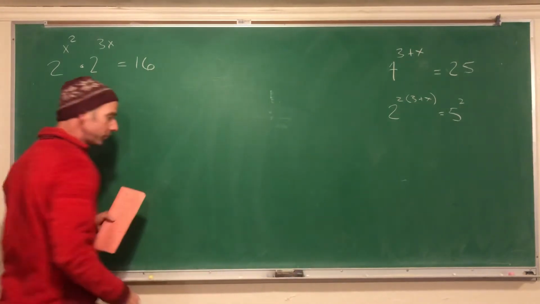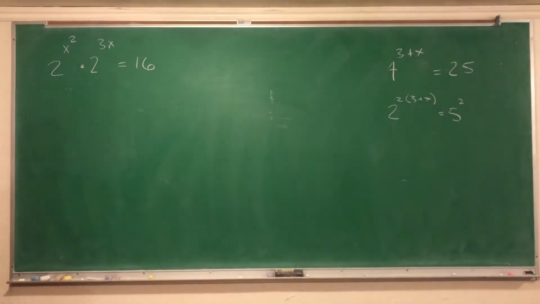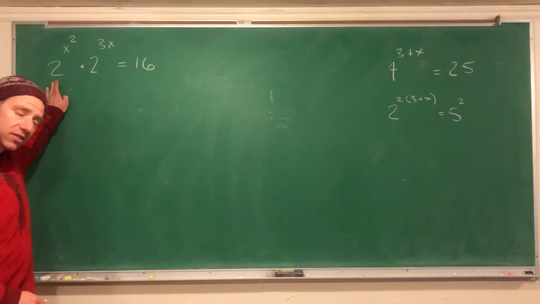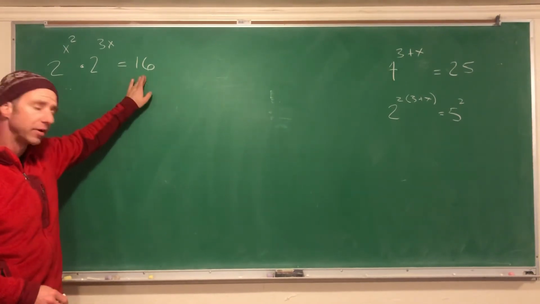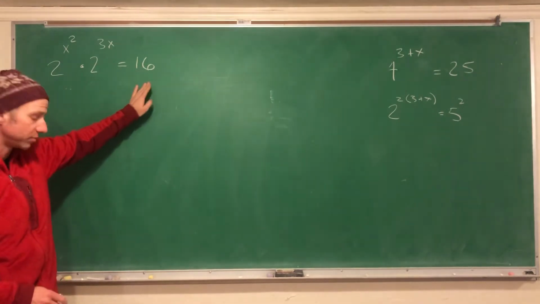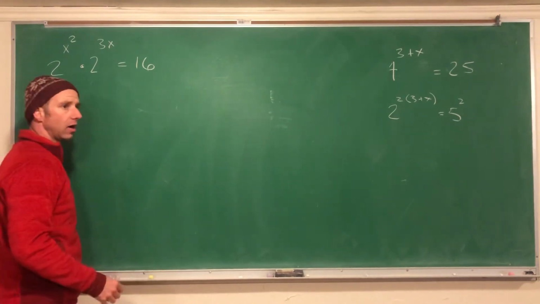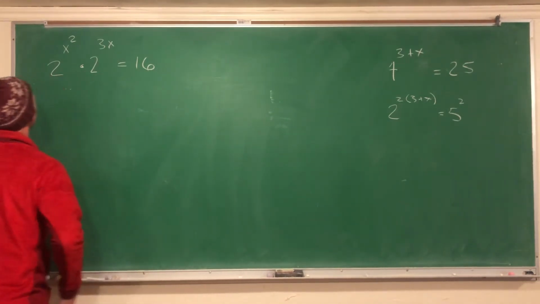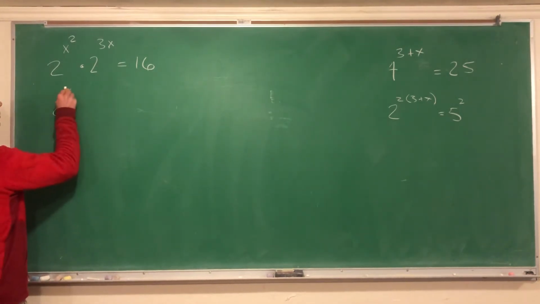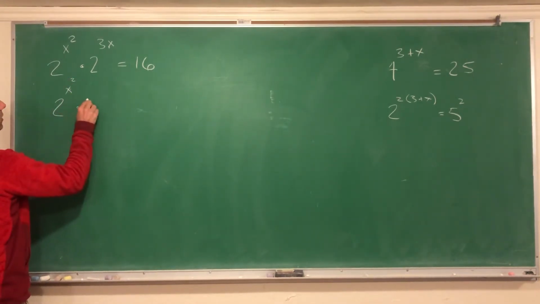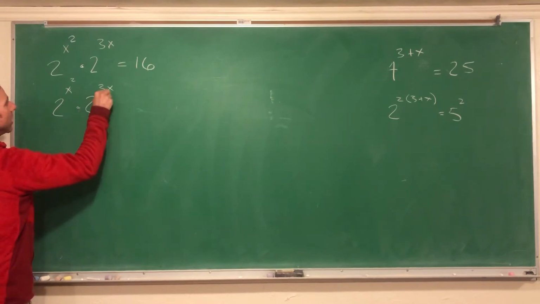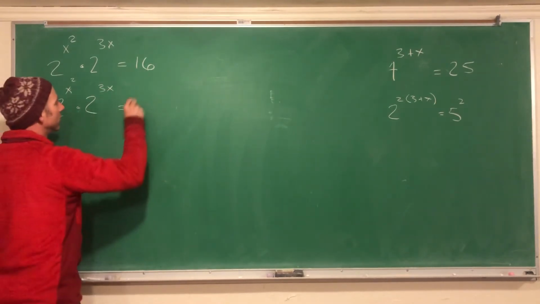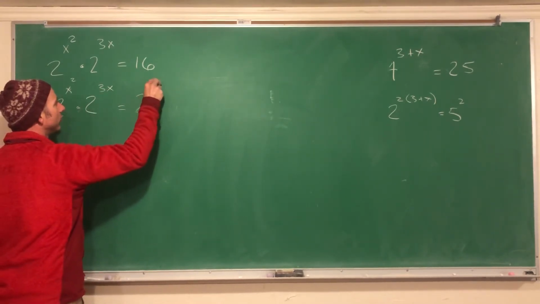The bases are the same for the left side, but 16 is not the same base, but I can make it the same. I know 16 is 2 to the 4th. So 2 to the x squared times 2 to the 3x equals 2 to the 4th.